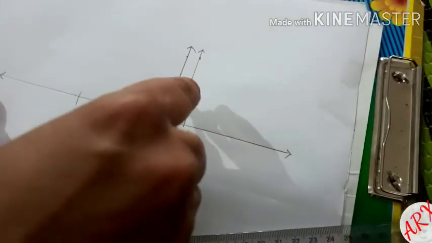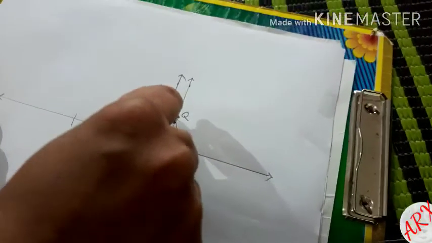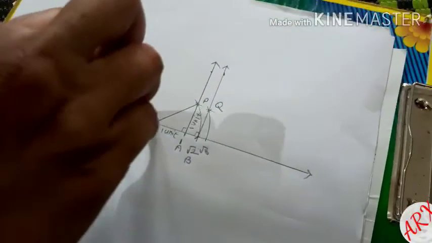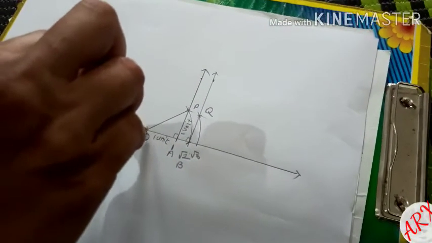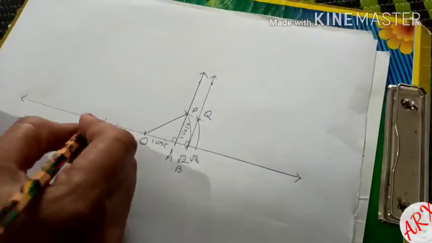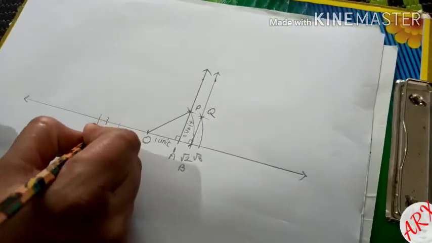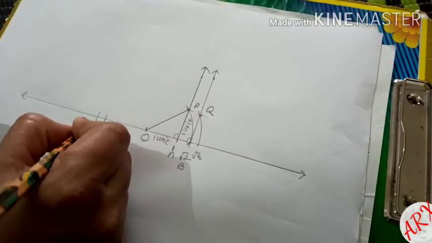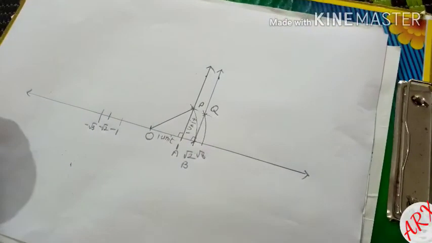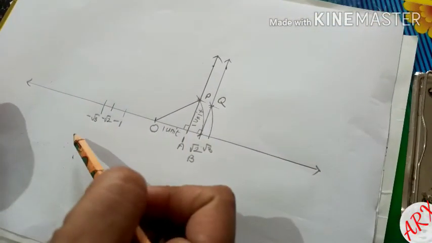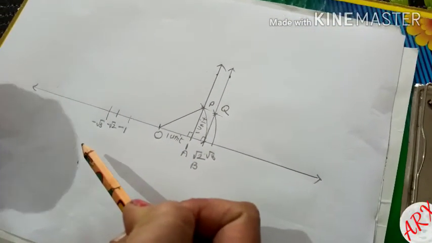The OP distance, if I pull the same distance towards the left hand side, it will become minus root 2. Now this is my minus root 2 and this is minus root 3. So this is the procedure to draw root 2 and root 3 on the number line.